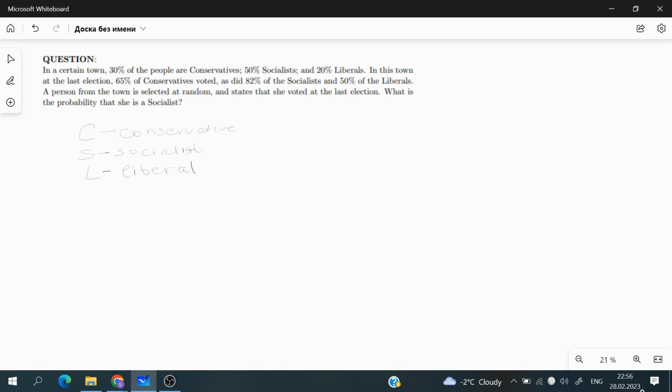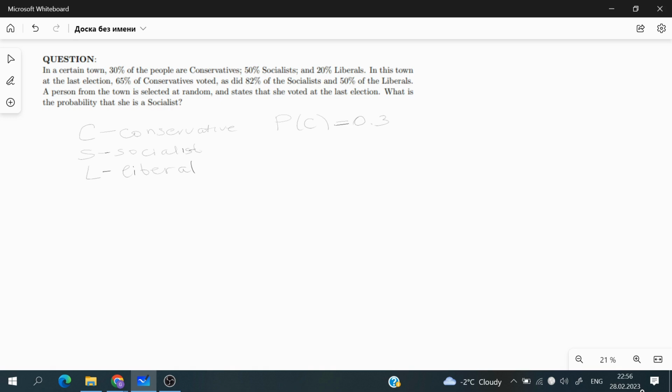We're given that 65% of conservatives voted. It means that, well, first of all, let's consider that 30% of the people are conservative. So how to convert this information into probability? So P of C equals 0.3.